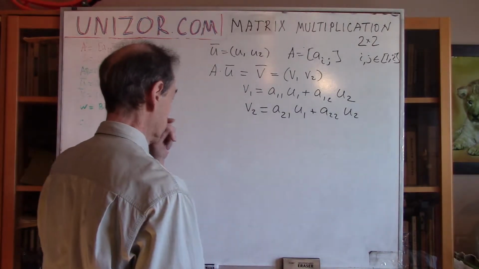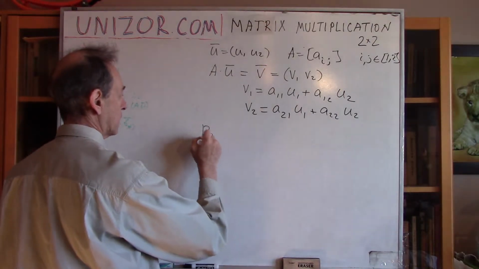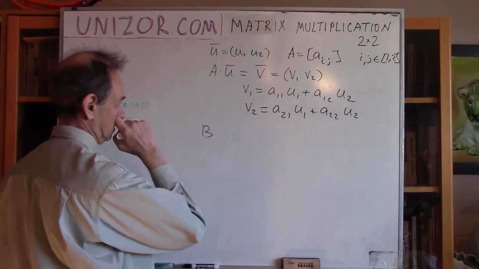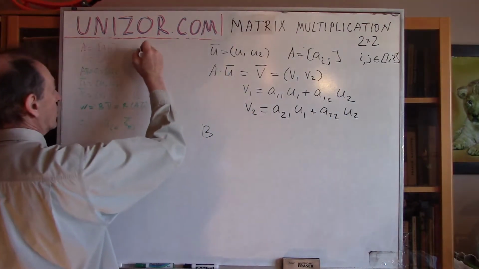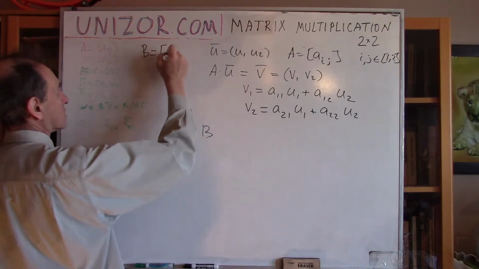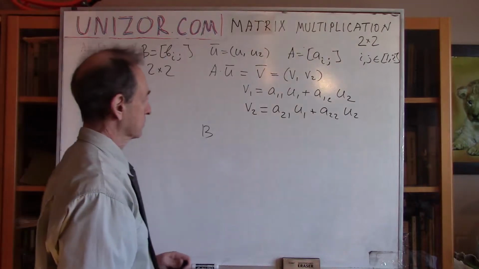All right. Next, what's given is we have the B matrix, and the B matrix will also be expressed as Bij, and it's also a 2 by 2 matrix.